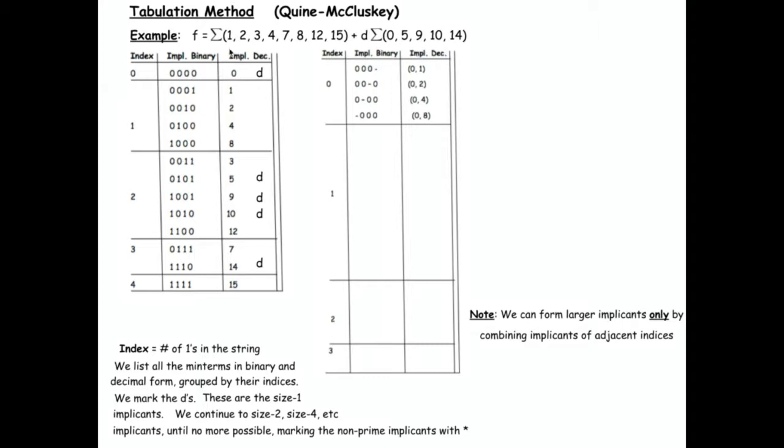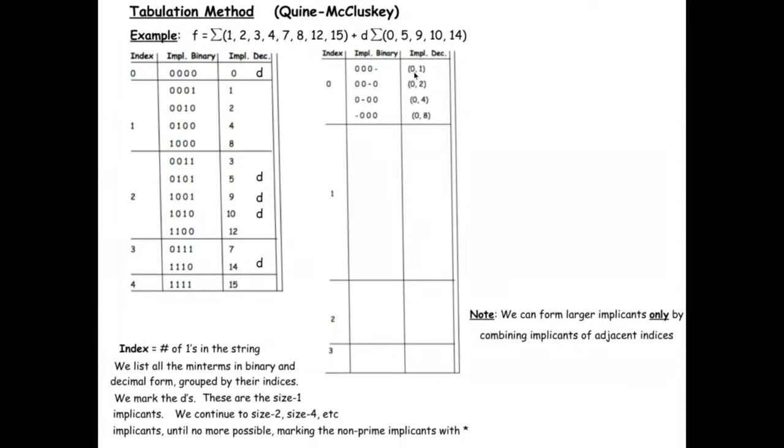Right? So for example, 0 and 1 could be an implicant because there is only 1 digit of difference. 0 and 2 could be an implicant of 2 also because there is only 1 difference. 0 and 4 also has only 1 difference, and 0 and 8 only has 1 difference. So we're going to write them down as implicants of 2, right?